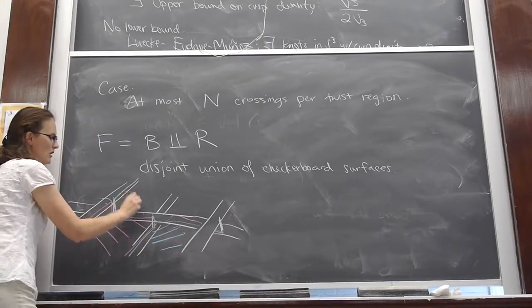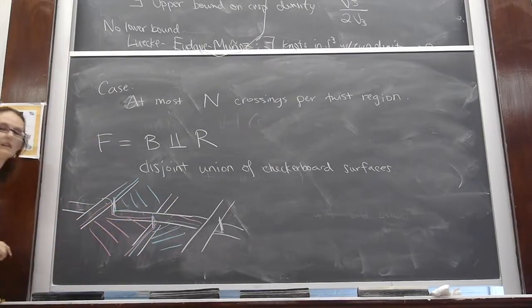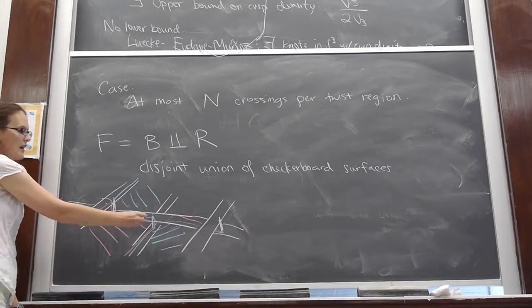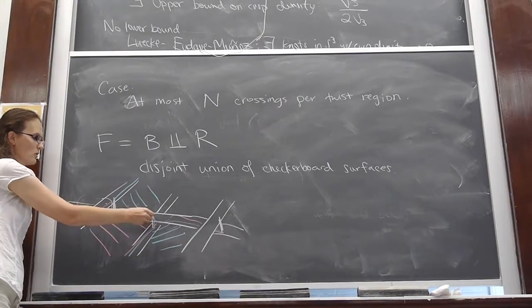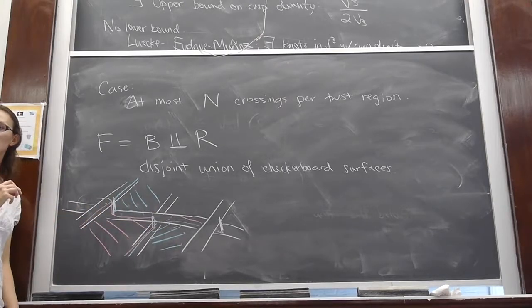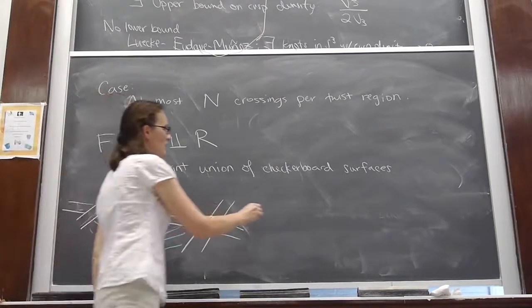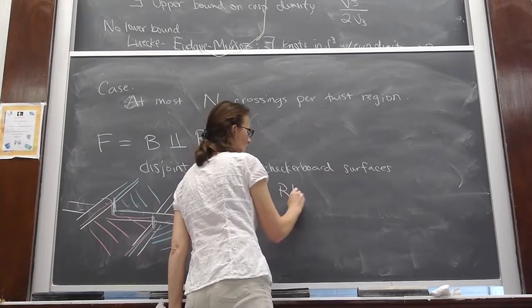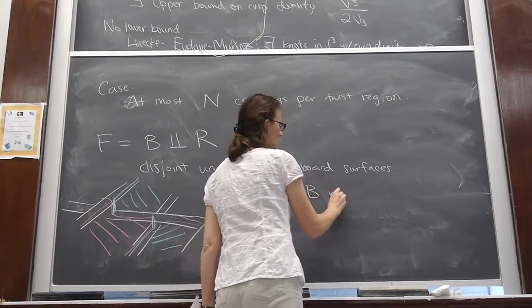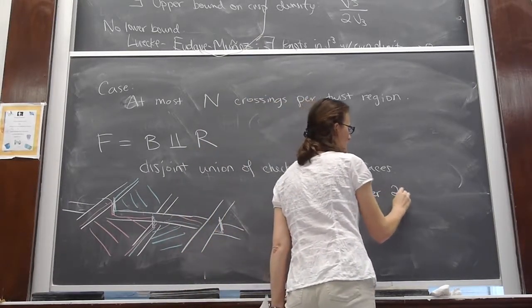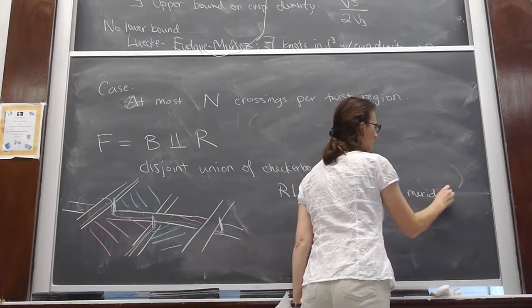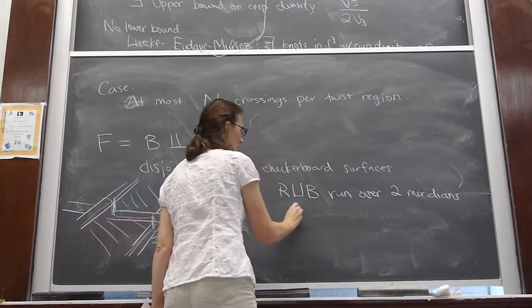So here's the blue checkerboard surface. The red is on this side and this side. And the key point here is that for every crossing arc, the union of the red and the blue run over two meridians per crossing.